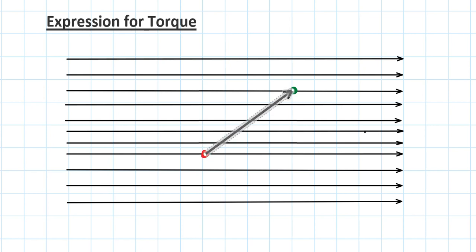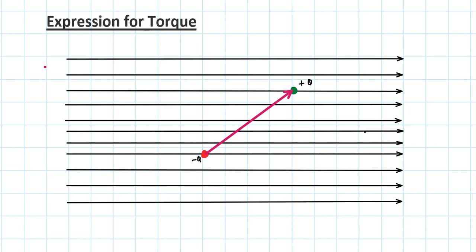Let me just replace it with our standard color. So there you have the electric dipole, represented using its dipole moment vector. Now labeling the charges, this was your minus q and this was your plus q.